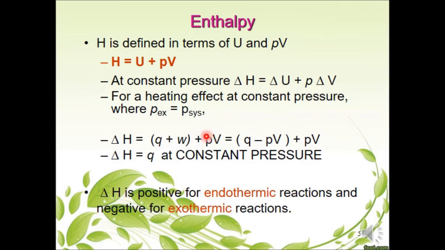Because one of the pressures is in the opposite direction, you have Q minus PV, where W is equivalent to PV, the work being done, plus PV here. So negative PV plus PV cancel off, and you only remain with heat.